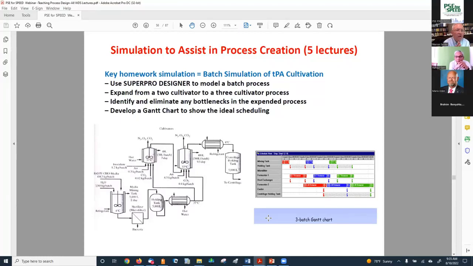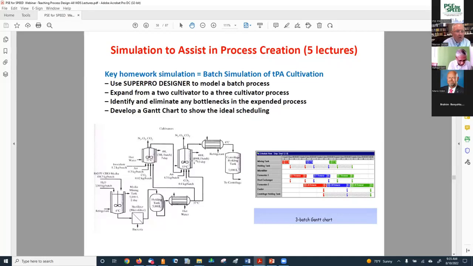Okay, you've seen what's involved in synthesizing the reactor section for the tissue plasminogen activator process. So we take that particular flow sheet which we synthesized, and we're now going over to ProDesigner to do this. But I just want to mention this quickly.